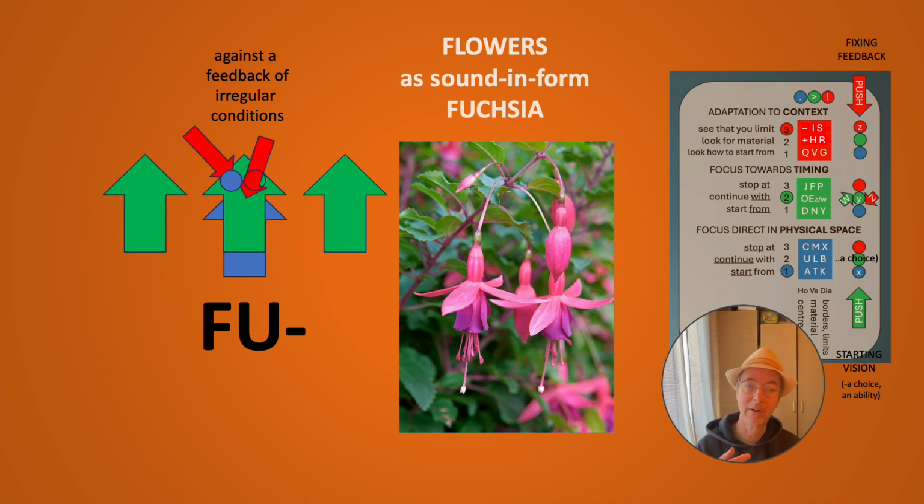That means that the irregularities of being pushed back will find a solution so that they can still go forward, even if they have a certain pushback. That's Fu. It's like working against irregular conditions and looking for a way to still go forward.